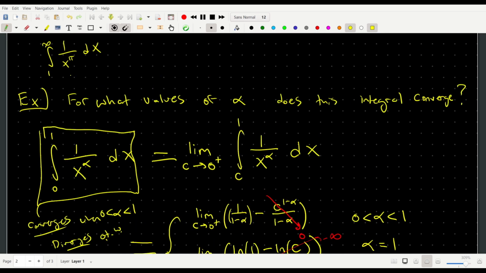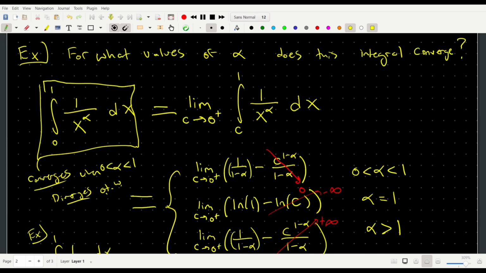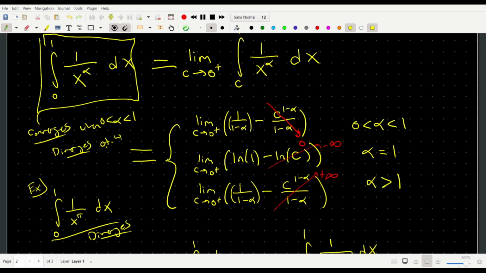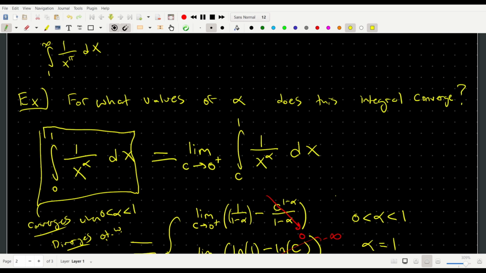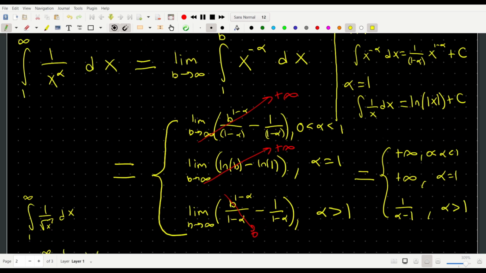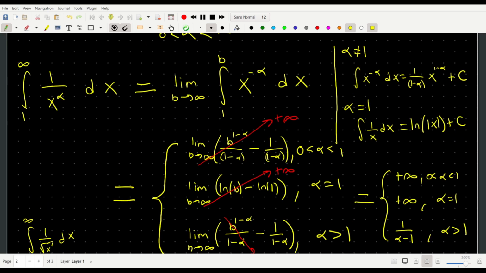For our type 2 example from 0 to 1, the range in alpha from 0 to 1 is the convergence range, and then from 1 onward, for alpha greater than 1, we have divergence. Whereas we had the exact opposite case for 1 over x to the alpha on the interval from 1 to infinity.